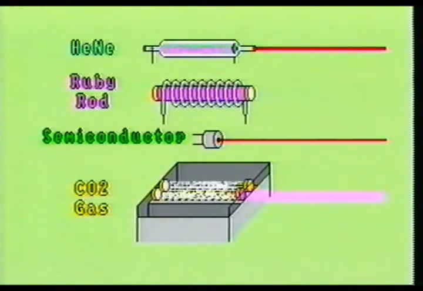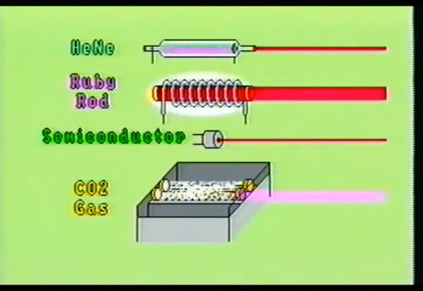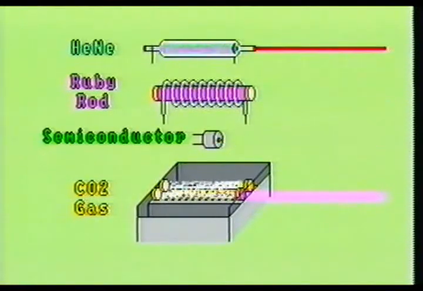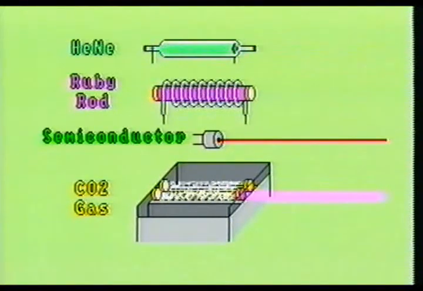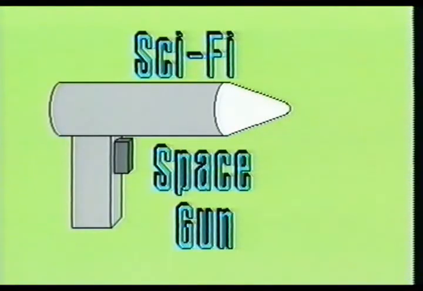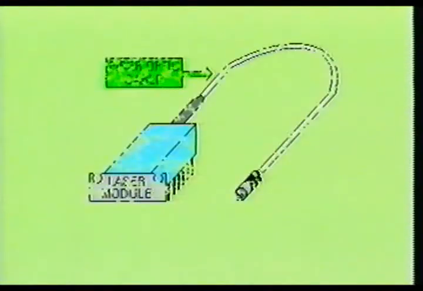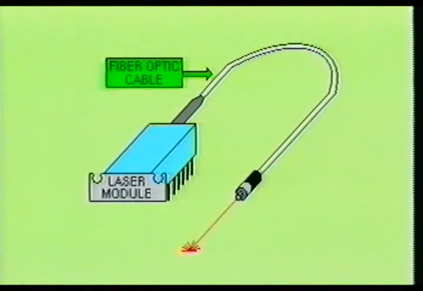By now you should have a solid understanding of the working principles of 4 common laser devices: the ruby rod, HeNe, CO2 gas laser, and the semiconductor laser devices. At one time, lasers only existed on the pages of science fiction, but now they are used on a daily basis around the globe.